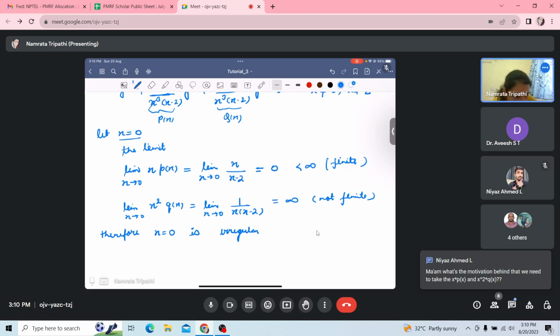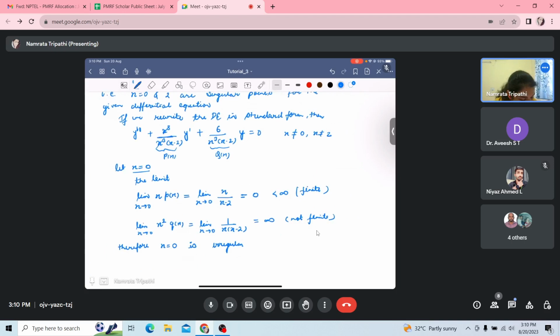Ma'am, what is the motivation behind taking x p(x) and x square q(x)? Do you know what ordinary points are? Ordinary points are points at which p(x) and q(x) are analytic. All those points where p(x) and q(x) are not analytic will be singular points.